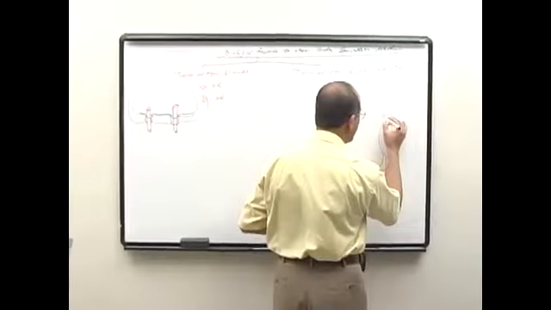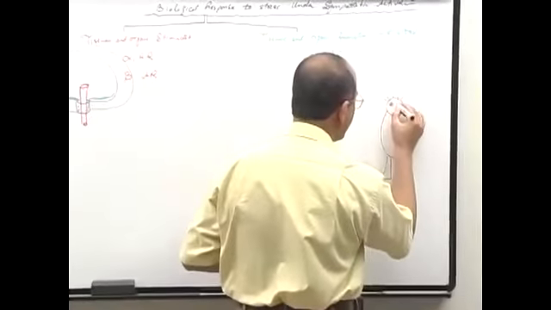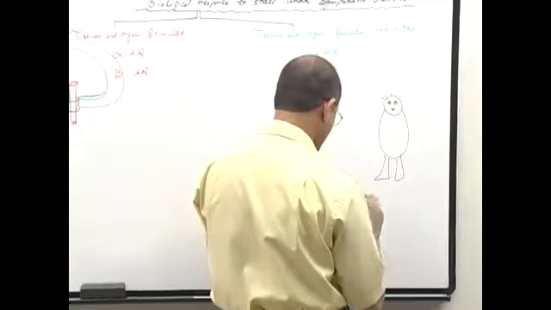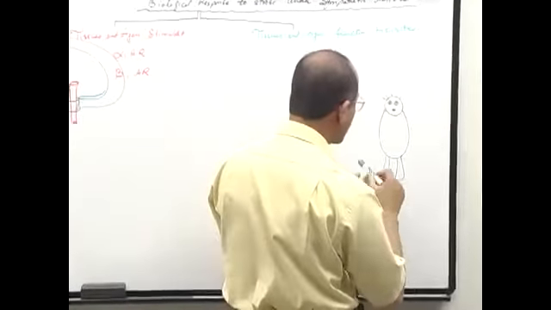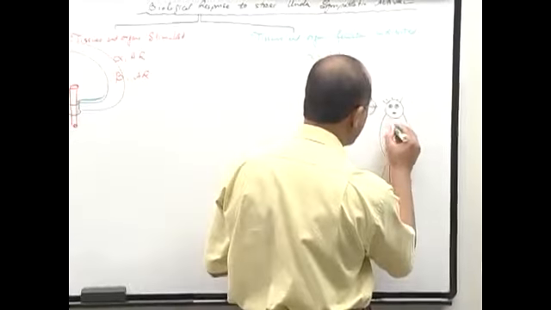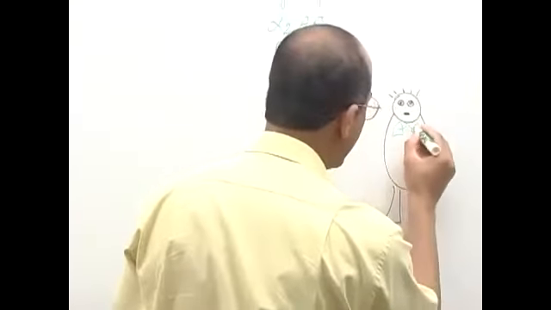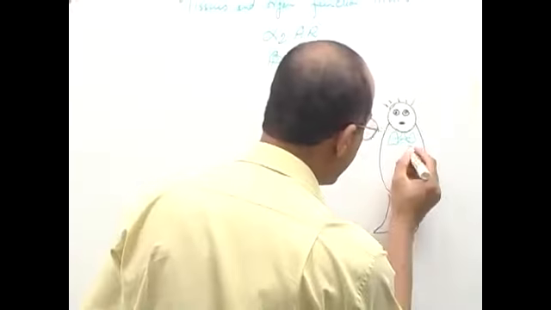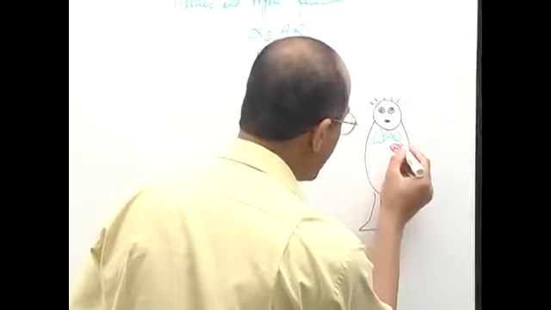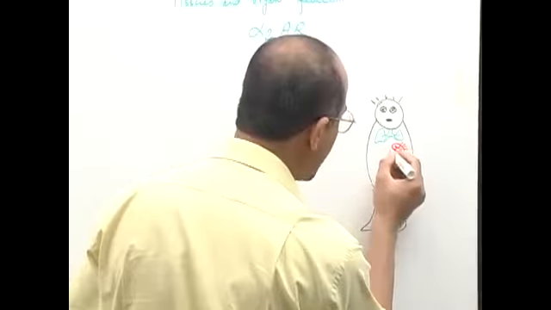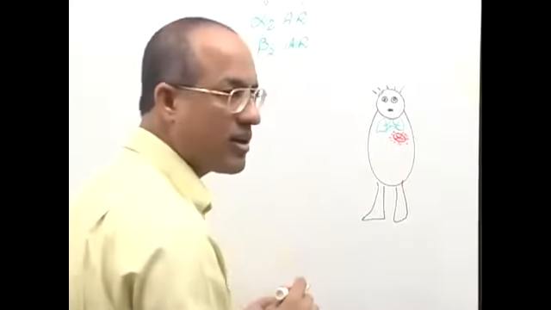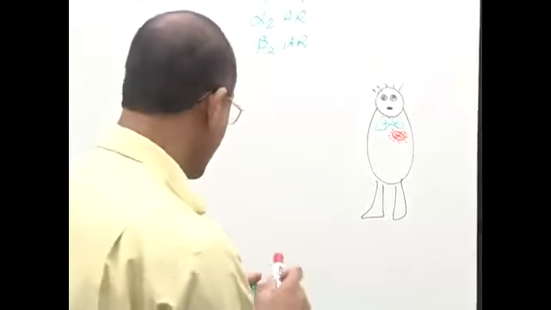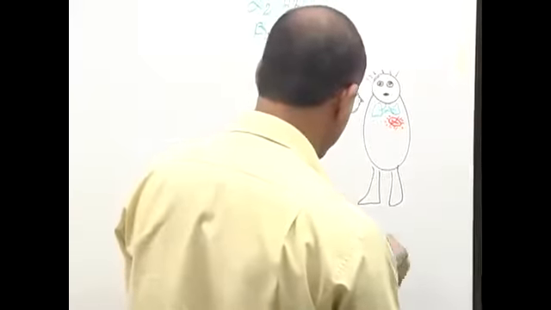So your hair stands up, your pupil dilates, your mouth is dry, your bronchi are dilated, and your heart is stimulated, with increased heart rate, and vascular blood flow is also altered. Is that right?